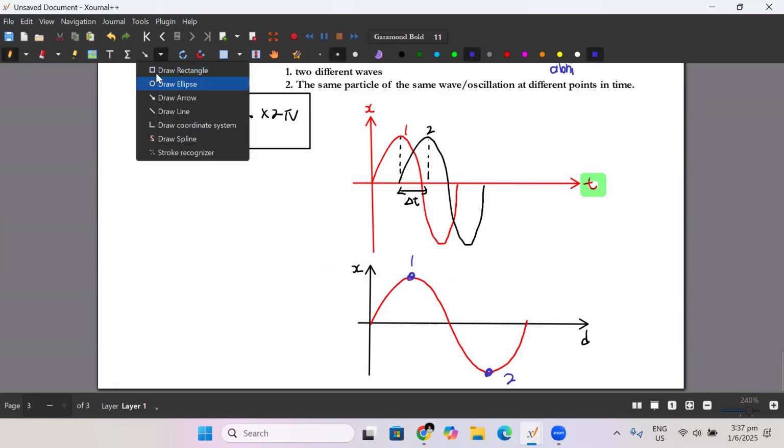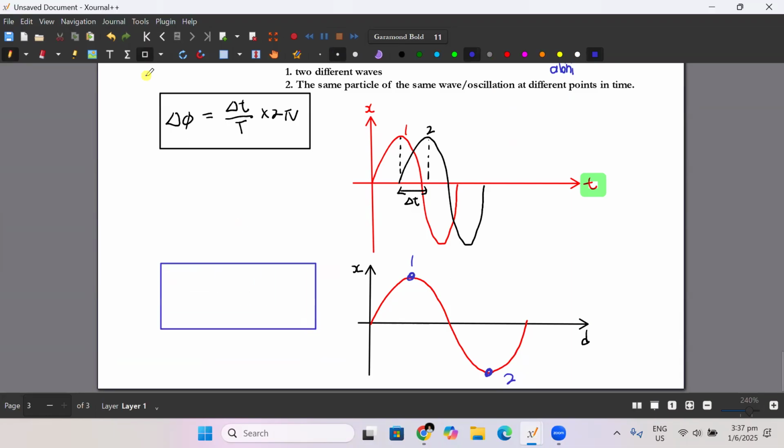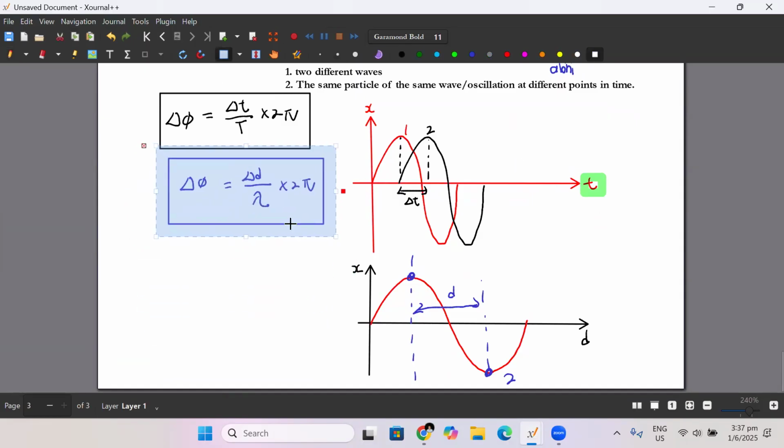The phase difference will just be like that. You find this difference in the distance. So write delta d over the whole wavelength, lambda, times 2 pi. So this is also how you can get phase difference. This is a very important concept. You'll see a lot in waves also. So you need to be comfortable with these two.